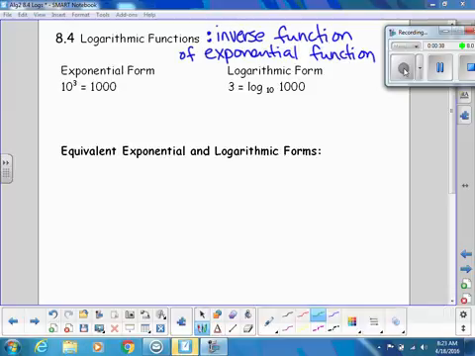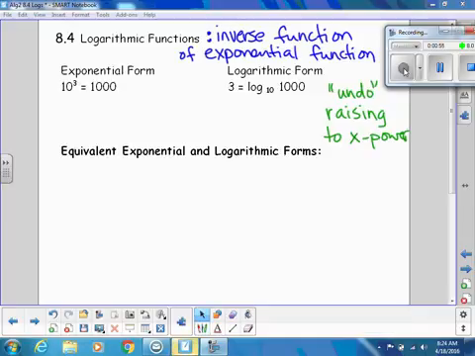So remember, if we think about inverse operations, if I wanted to undo raising something to the x power, I would use a logarithm. Okay? So this is an example of something that's in exponential form, and this is the example of that same thing in logarithmic form.